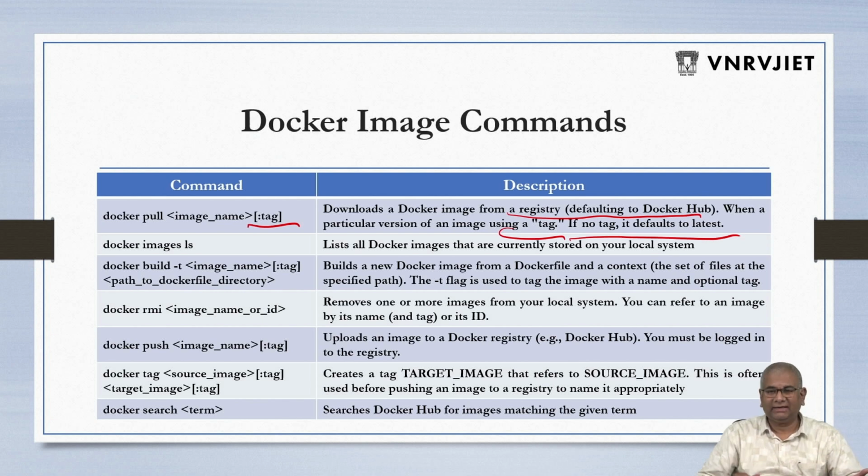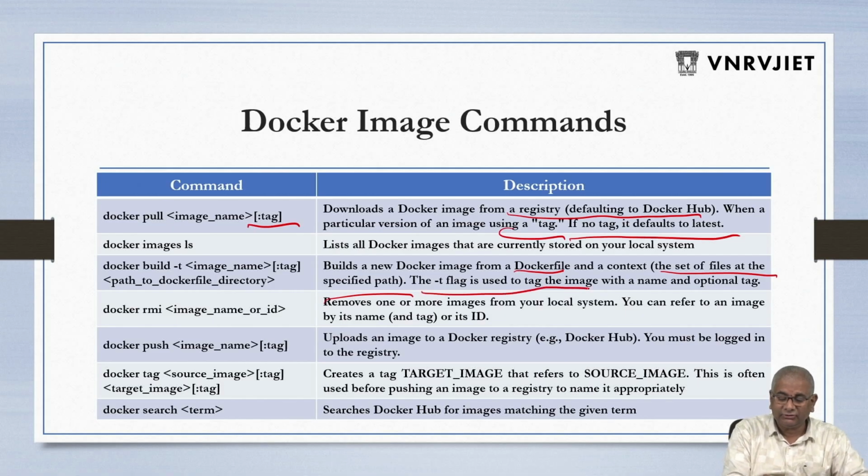Docker build, this is what I said, takes the Dockerfile and builds the image. It builds a new Docker image from the Dockerfile and a context, the set of files at the specified path. I already talked about the working directory and all that stuff. The -t flag is used to tag the image with a name and an optional tag.